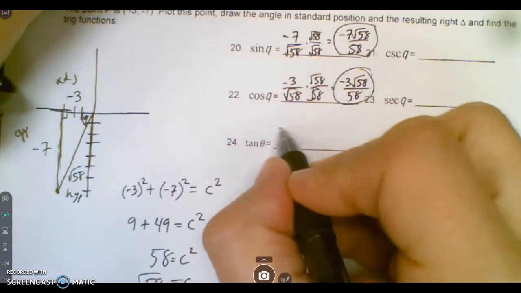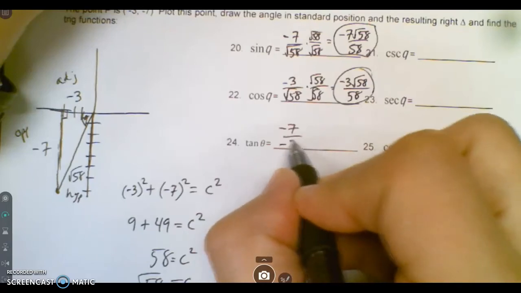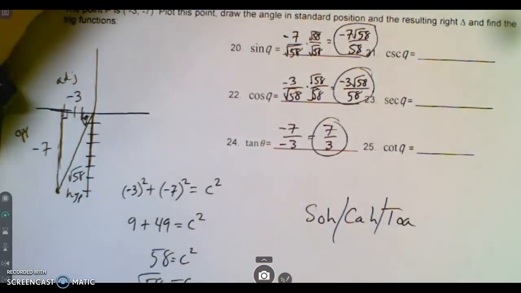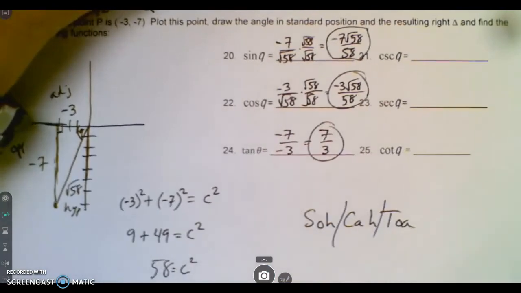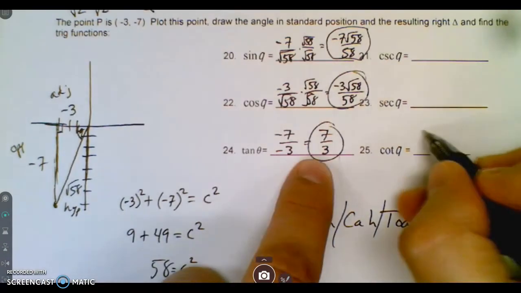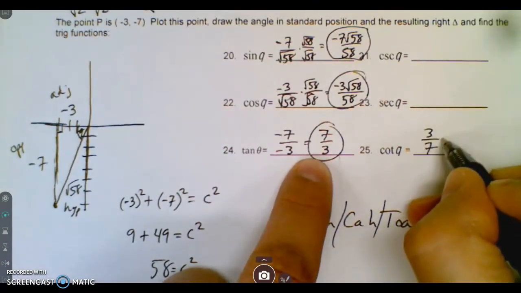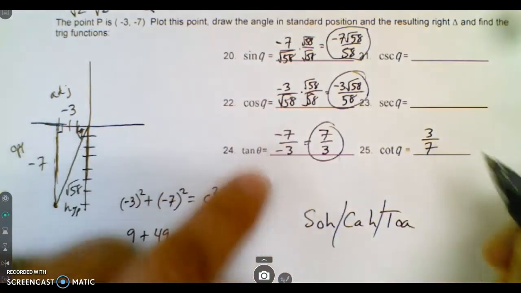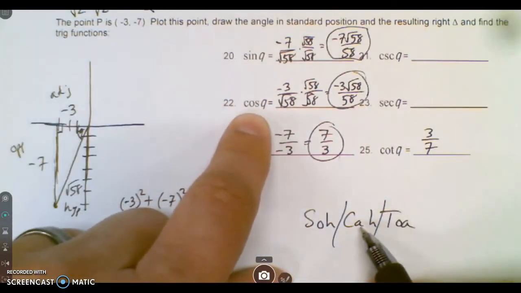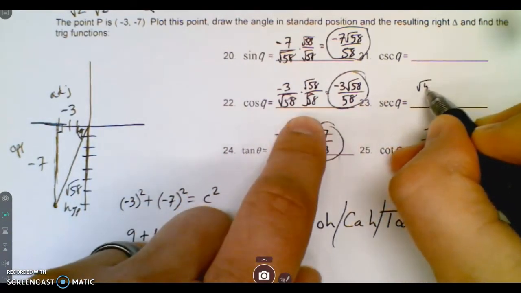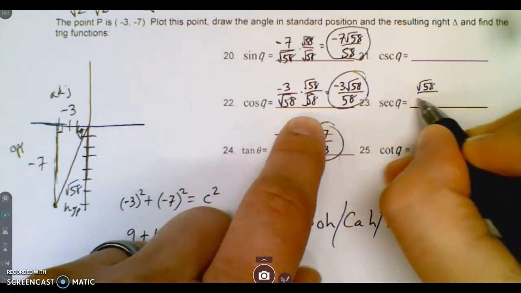And then tangent's a little nicer because it's opposite over adjacent, like Sohcahtoa. So opposite is negative 7, adjacent is negative 3. I should probably just get rid of both those negatives and call it 7/3. Now, the good news is, if I know these three, I can just flip the fractions. So this one's 3 over 7. This one, I could get ugly, but if I went back to the original, just remember if cosine is adjacent over hypotenuse, then secant is hypotenuse over adjacent.